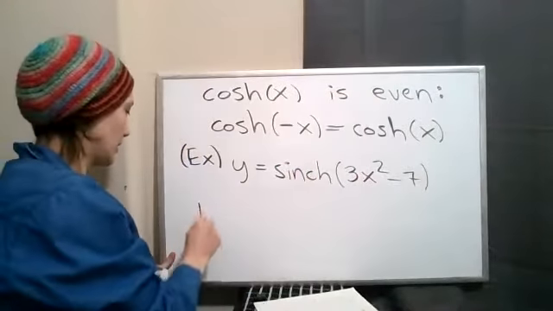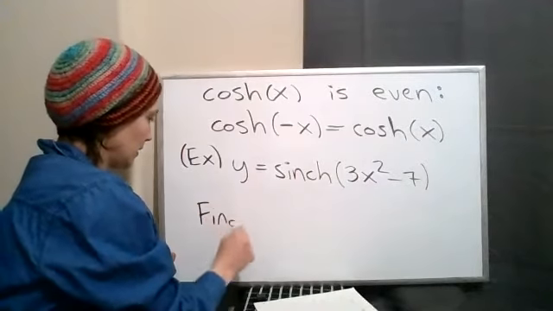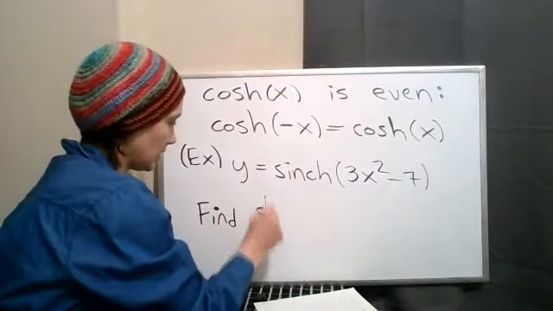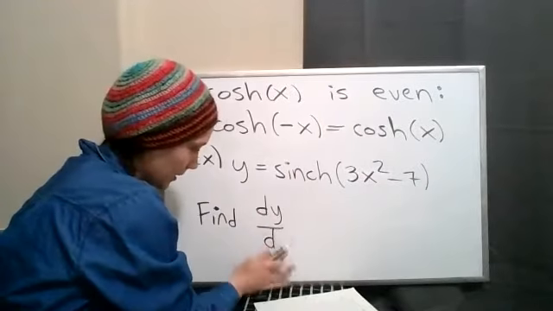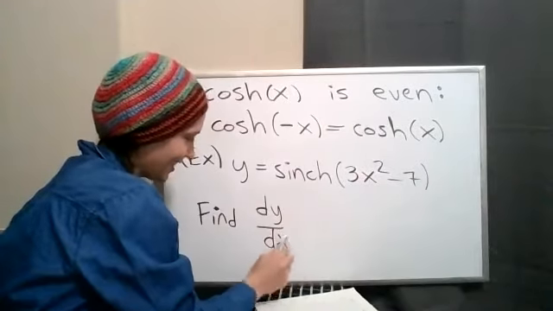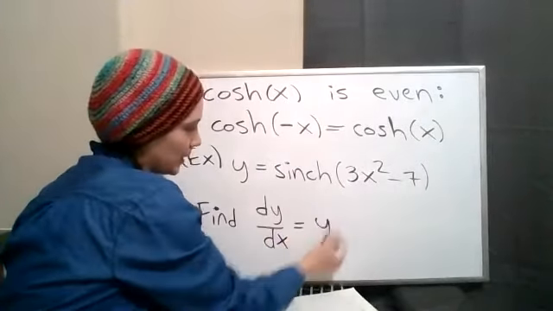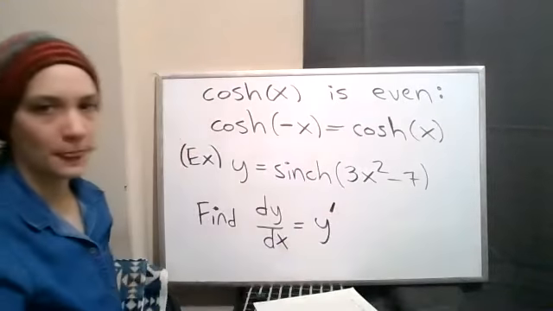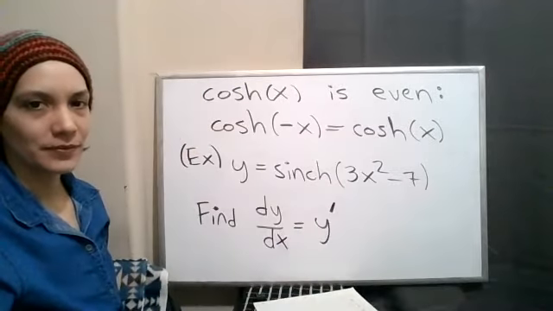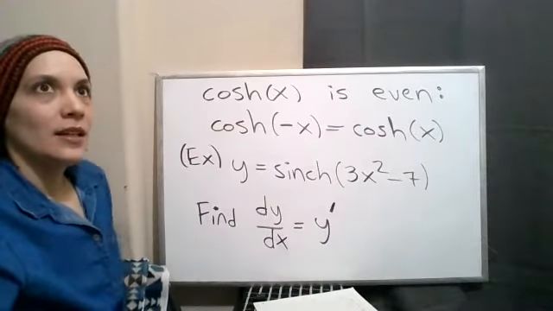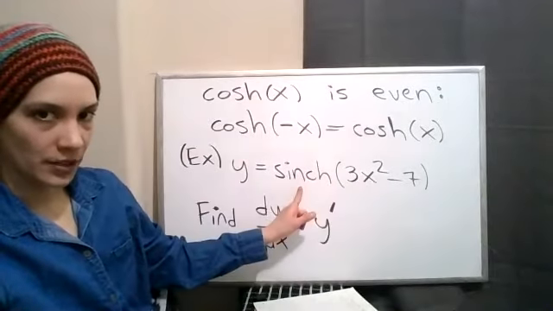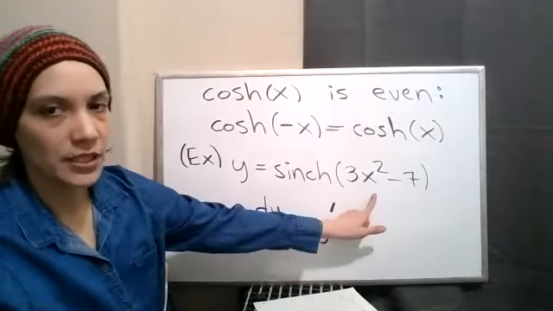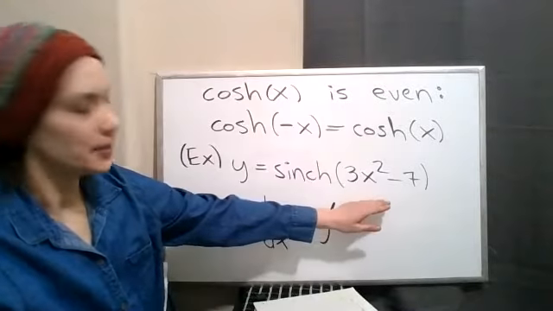So take the derivative with respect to x, dy/dx, which we call y prime. Okay. We're going to need to use the chain rule. So the derivative of the outer function, then multiply by the derivative of the inner function, and then simplify your answer.